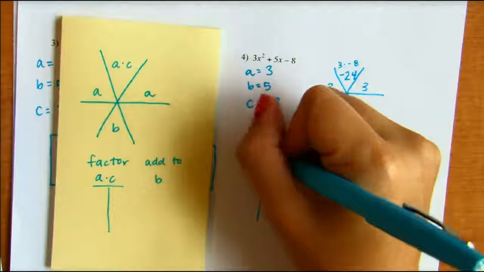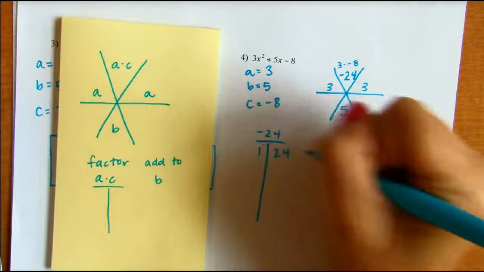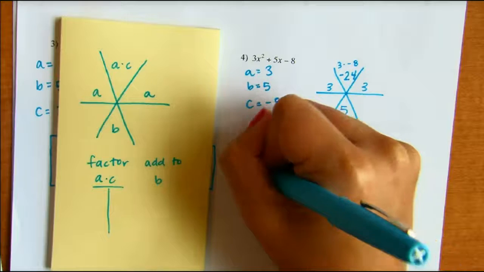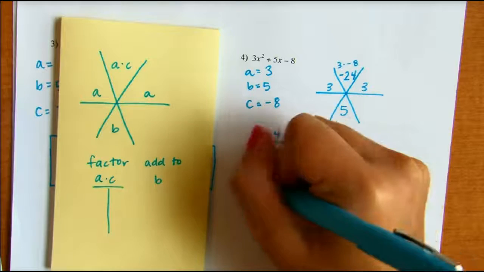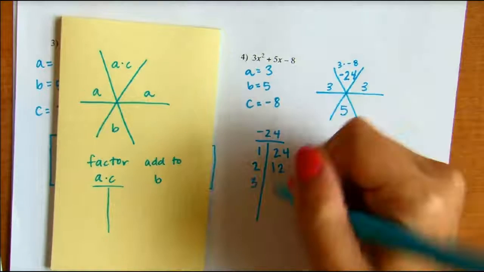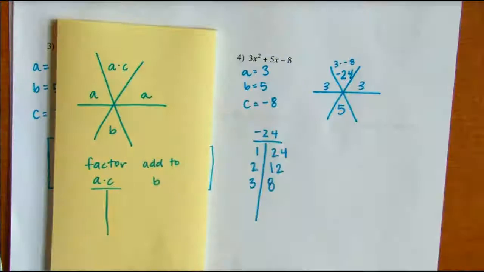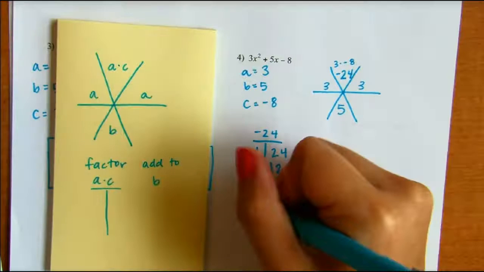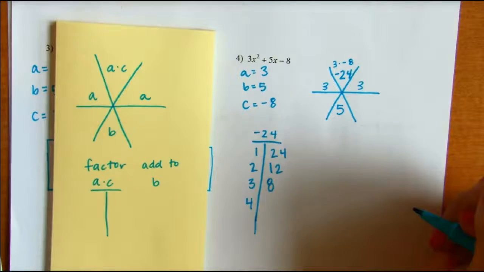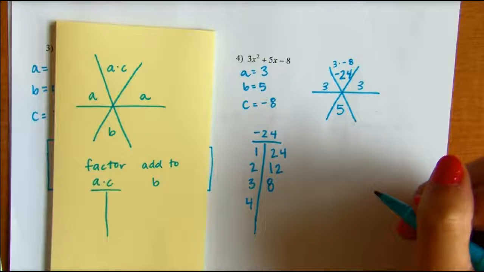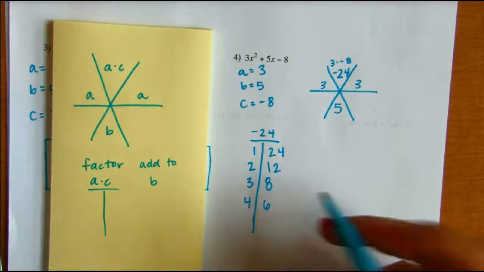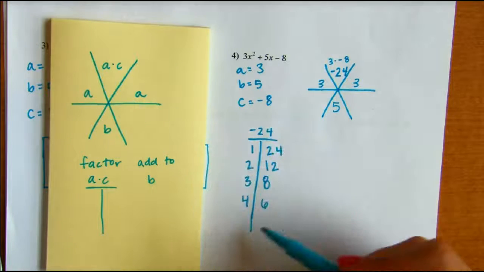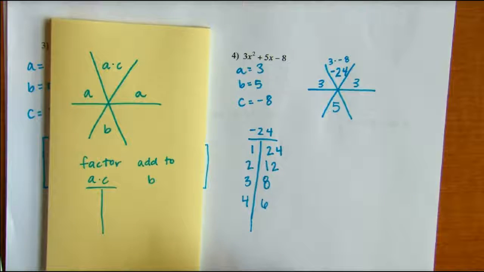You should have 1 and 24. 2 goes into 24 how many times? 12. 3 goes into 24 8 times. 4 goes into 24 6 times. 5 does not go in, and then we're back at 6. So these are going to be all of my factors of 24.